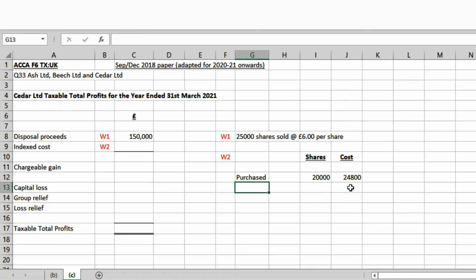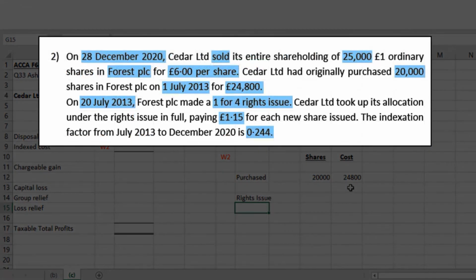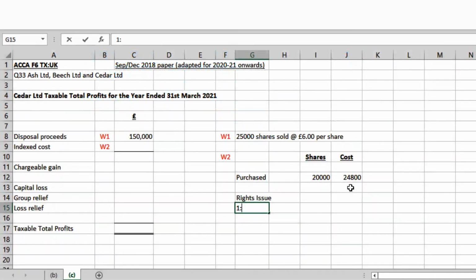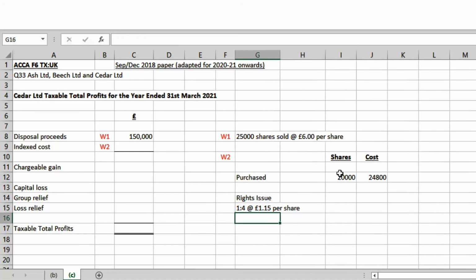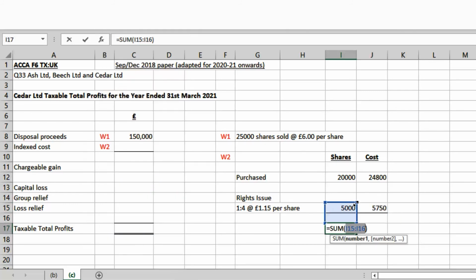Then we had a rights issue shortly after, a 1 for 4 rights issue at £1.15 per share. 1 for every 4 means if you have 20,000 shares, you divide by 4, giving you 5,000 more shares issued at a premium. Par value was £1, and these have been issued at £1.15. That gives you a cost of 5,750, and a total of 25,000 shares with a cost of 30,550.